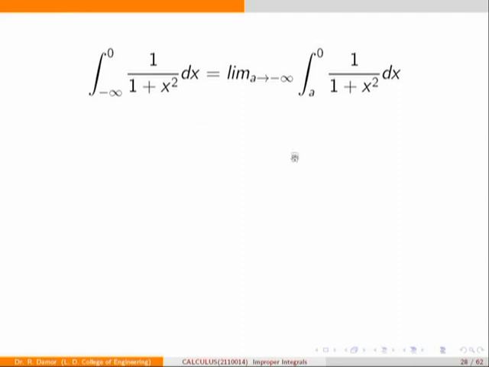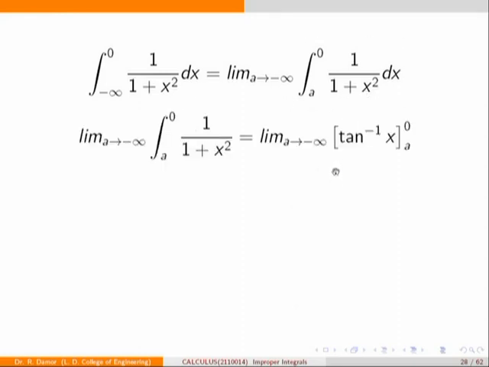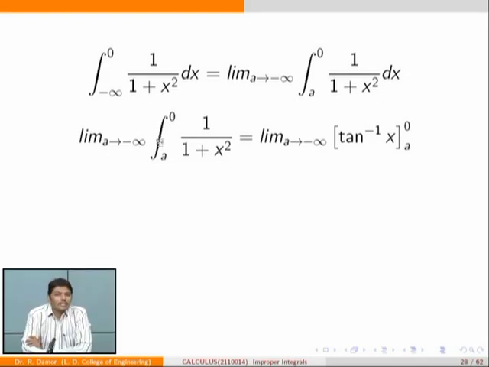Say this. Suppose I calculate this term, and the integration of 1 upon 1 plus x square can be written as tan inverse x between the limits a to 0. Now check out what is the value of this. Tan inverse of the upper limit, tan inverse 0. What is tan inverse 0? Yes, it is 0.